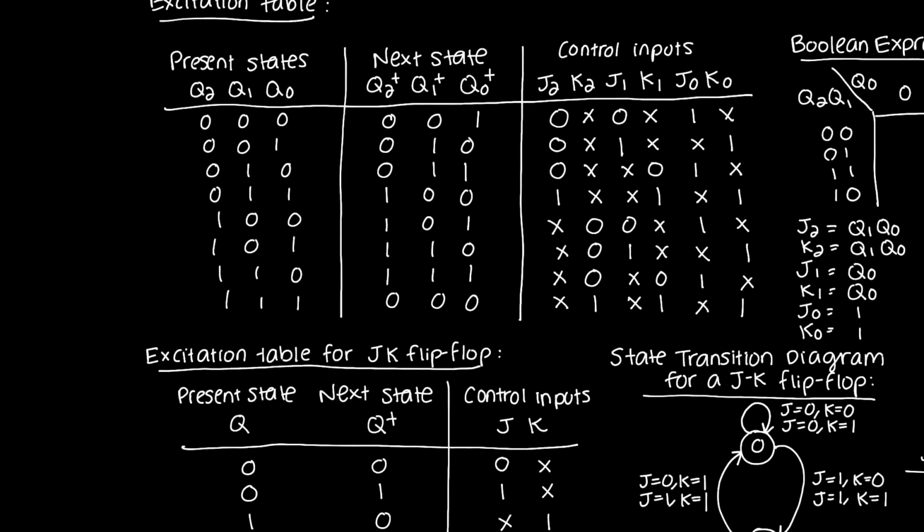And over here for Q2, we can see that actually it's only going to toggle twice in our state transition diagram, once over here and once over here. And that occurs when both Q1 and Q0 are high. And when that happens, at the next clock edge, Q2 will toggle. And again over here, Q1 and Q0 are both high. And at the next clock edge, Q2 will toggle.